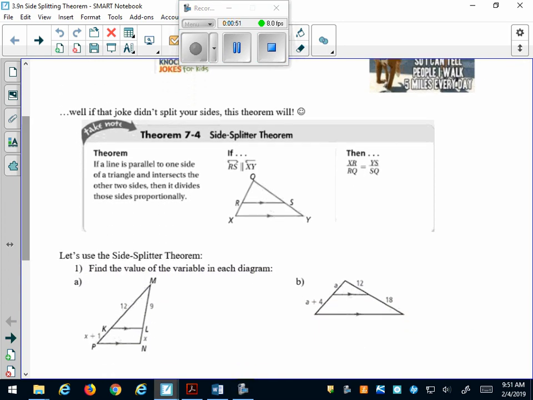Okay, but seriously, the theorem is called the side-splitter theorem or the side-splitting theorem. And it is used when you have a diagram that looks like this. Now, we have seen diagrams that look like this before. And we have handled them because we know that they are similar triangles.